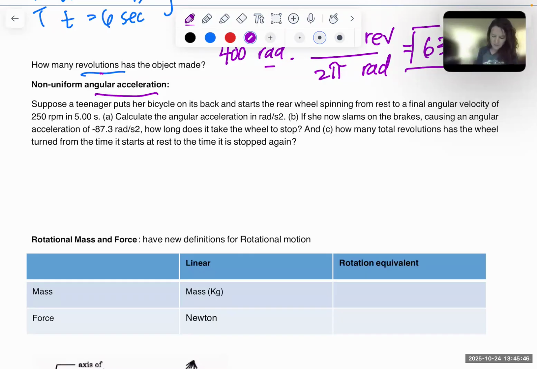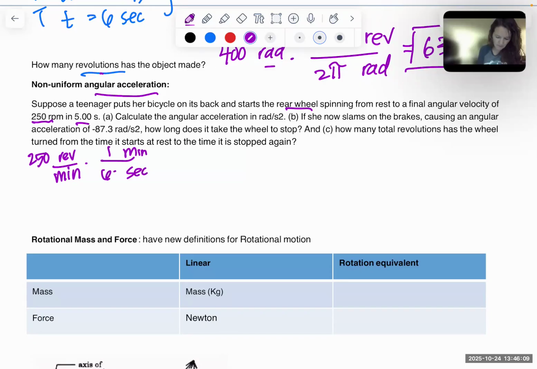So, a teenager puts her bike on its back and starts the rear wheel spinning from rest to a final angular velocity of 250 RPMs in 5 seconds. So I already don't like the RPMs. Let's fix that. So I have 250 revolutions per minute. I don't really want minutes, and I do want seconds.